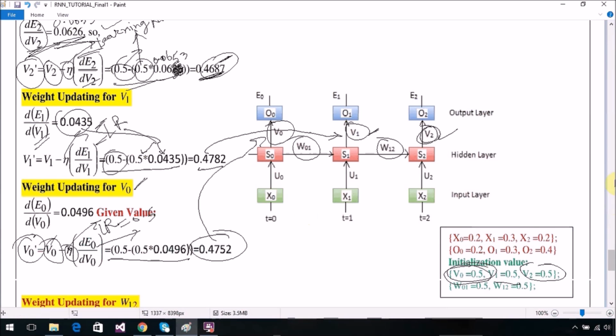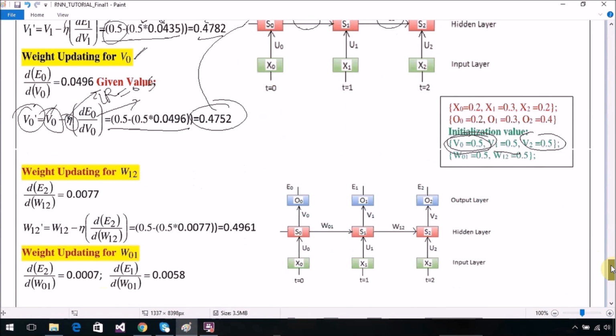Similarly, we can update the weight of W12 and W01. As W12 comes in the path of backward propagation only for output error E2 and output node O2, we will use only one derivation with respect to W12, which is 0.0077.